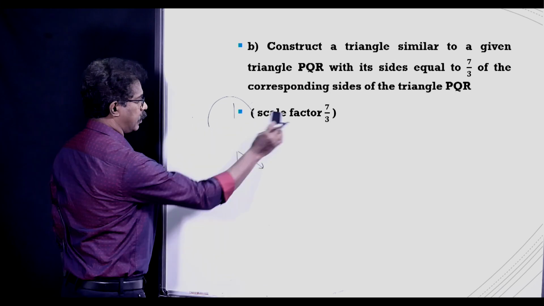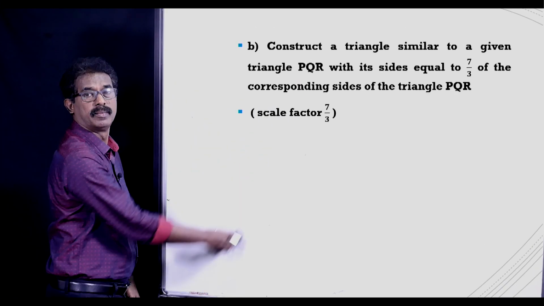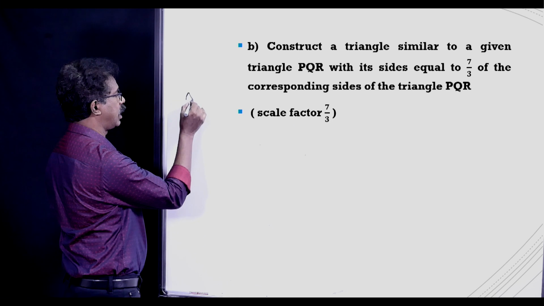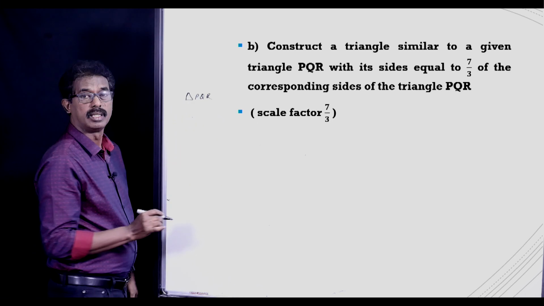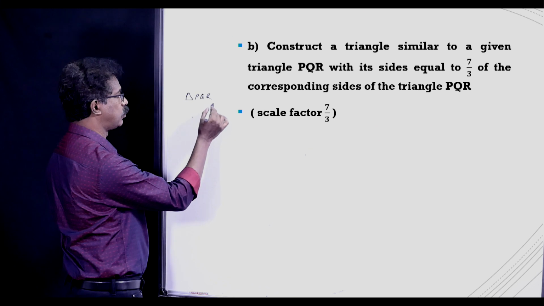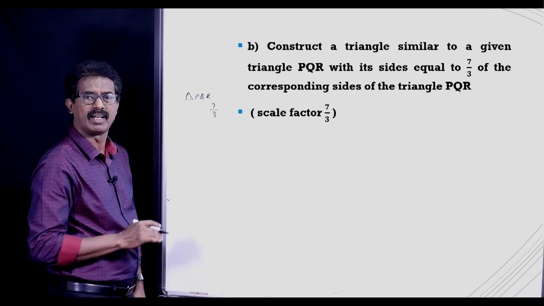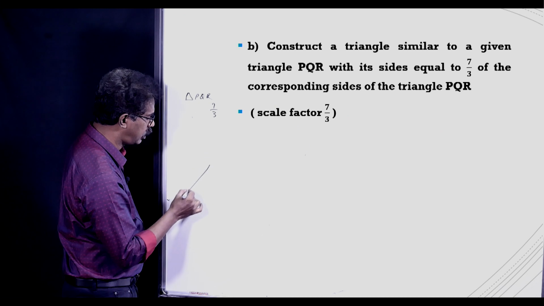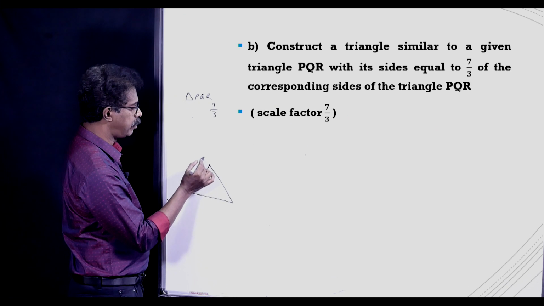Another question: construct a similar triangle to triangle PQR. The scale factor they have given is 7 by 3. So 3 is the given one, 7 is the enlarged one. So you draw a small triangle here and name it PQR, right?